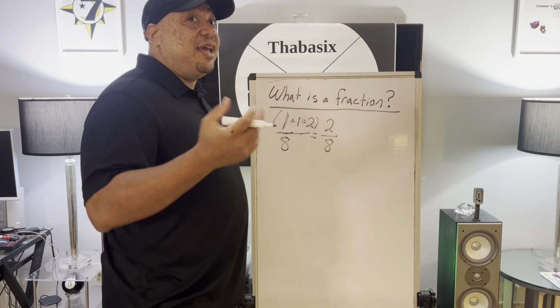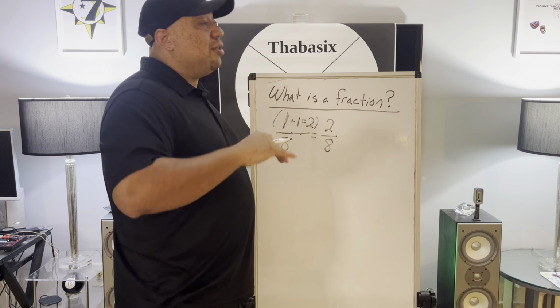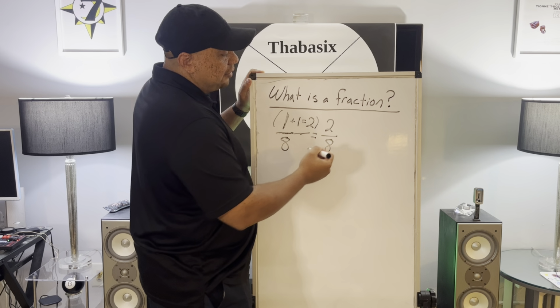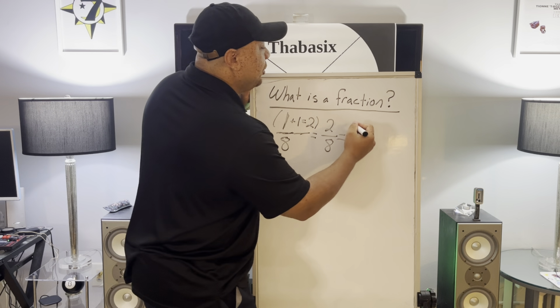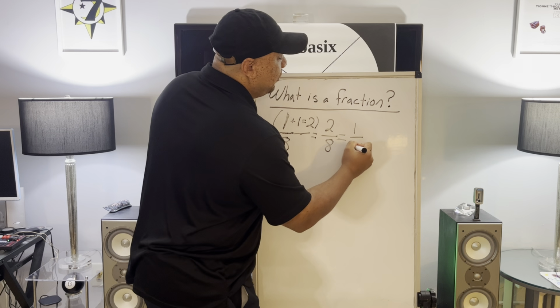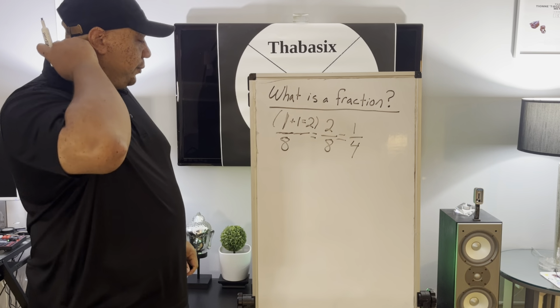If it's 3/8, we have to leave it as 3/8. 2 is a factor of 2, and 2 is also a factor of 8. 2 times 4 equals that. So when we reduce it, 2/8 would equal 1/4. All right, so that's a proper fraction.